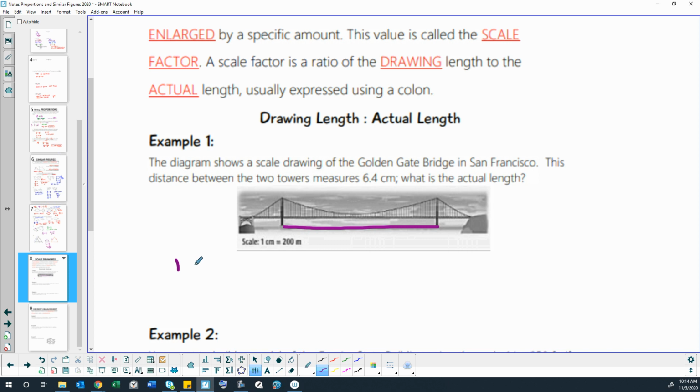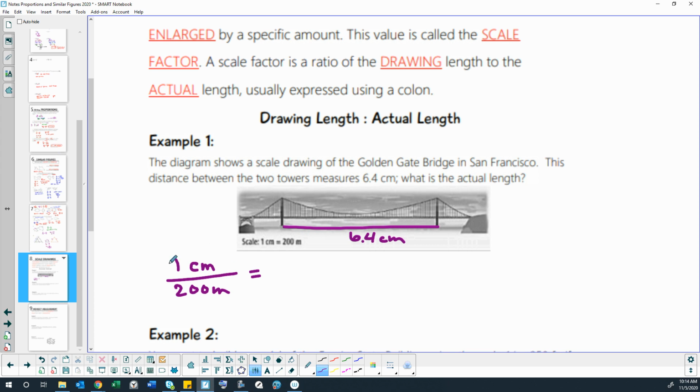So we can set up a ratio of 1 centimeter to 200 meters. But then we need to make sure that we match up the units in the same order. So the distance on our drawing is 6.4 centimeters from one tower to the other.